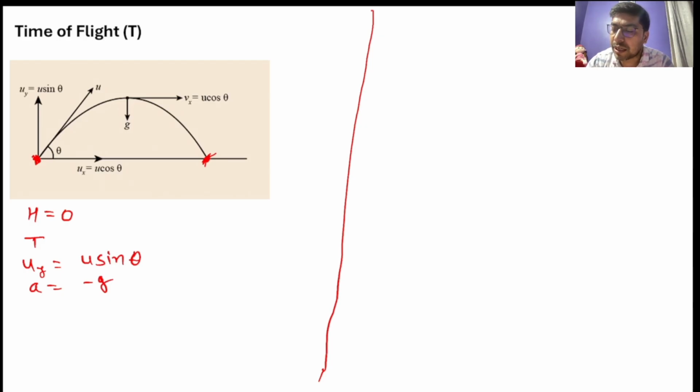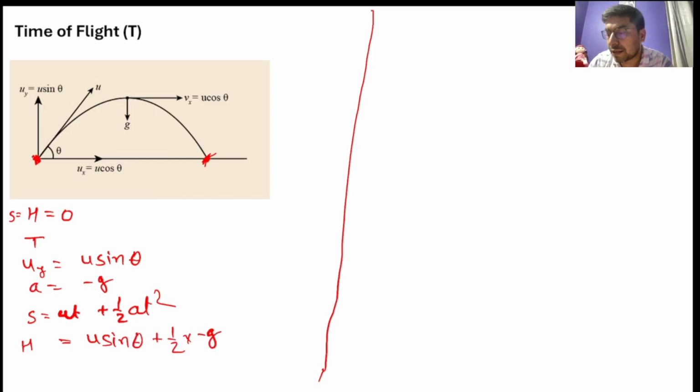Obviously the second equation of motion. h we can also write as s. Okay, so s is equal to what? ut plus half at square. So for this vertical motion, h is how much? We can write h is equal to u sin theta times t plus half into minus g into the total time of flight square, right? Now if we divide both sides by t, this t and this square will get cancelled.